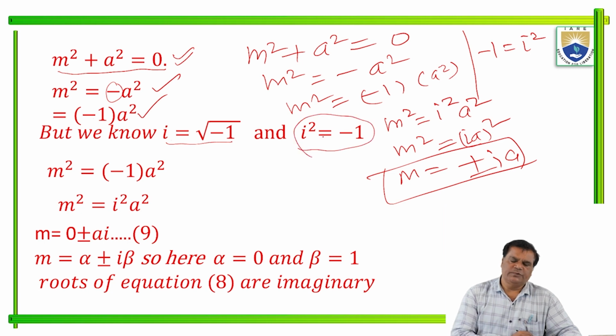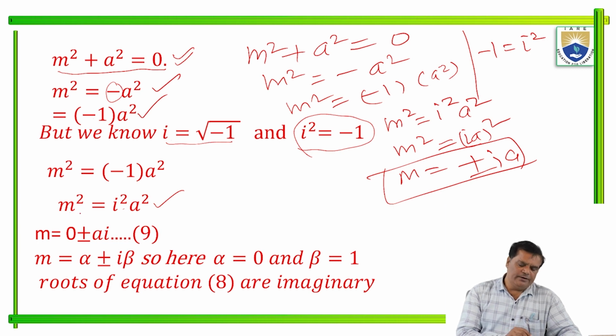Putting this value here, m square equal to i square a square. After squaring on both sides, m square minus i square a square equal to 0.